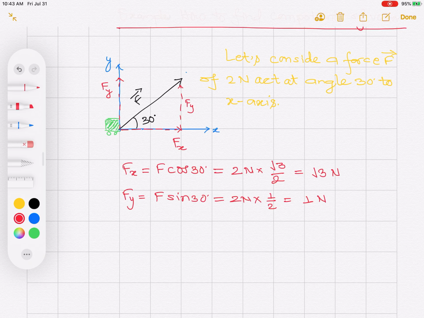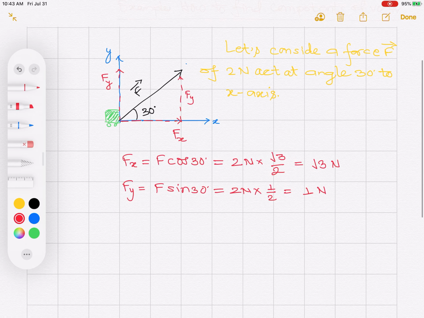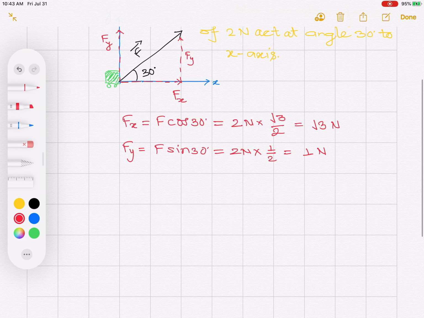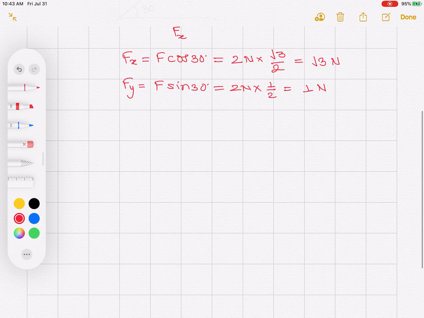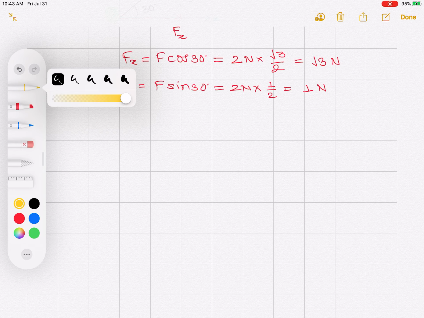So in this way we can find the components of the force, or if you have the components, you can find the total force. Just I will show you how to find the total force if you have the components.